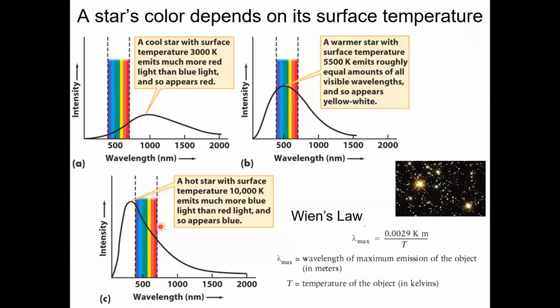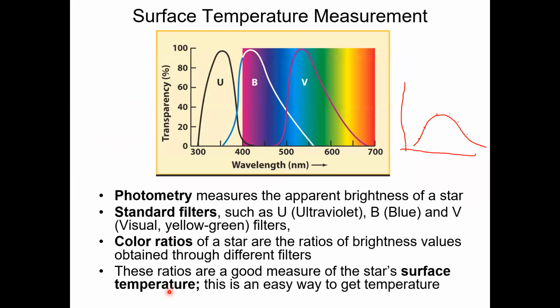Immediately, if you are on the left side, it should be a cooler star. When you are on the right side, it's a hotter star. It's kind of easy to figure that out. So with a couple of measurements, you can confidently track the curve. That is how astronomers measure or deduce the temperatures of stars.